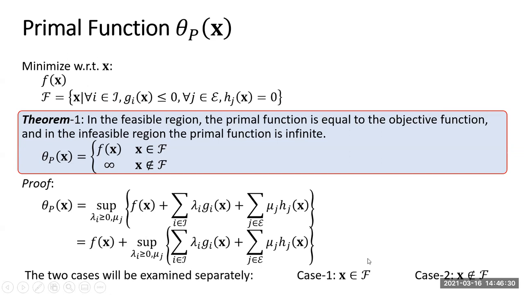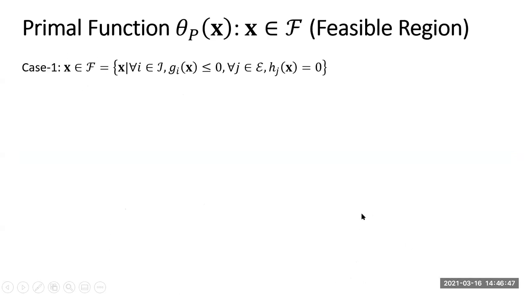So we will examine the two cases separately. First, we will consider the case where x is feasible. It belongs to the feasible region. And in the second case, we shall examine where x is infeasible. It does not belong to the feasible region. Case 1, x belongs to F, the feasible region. x is feasible.